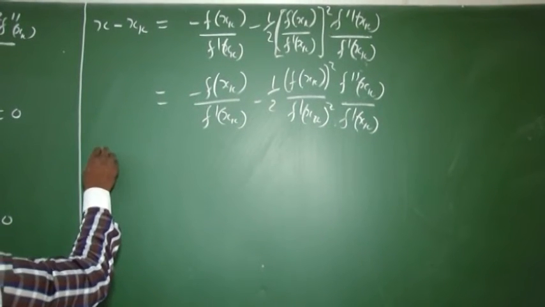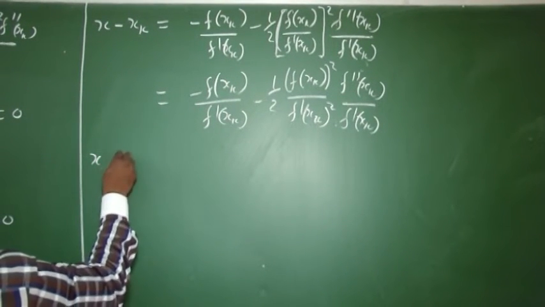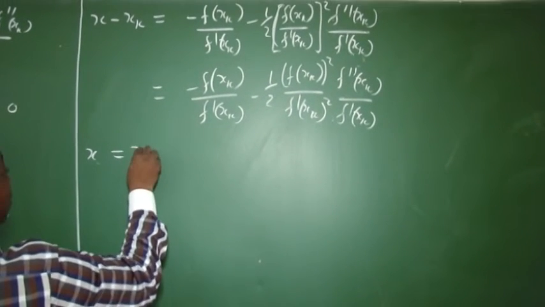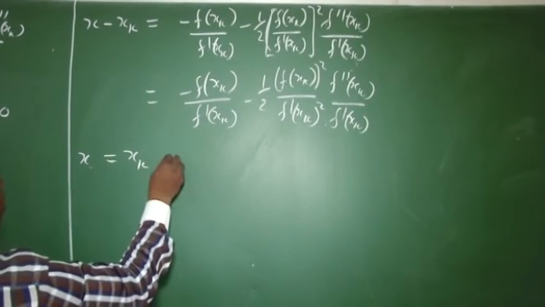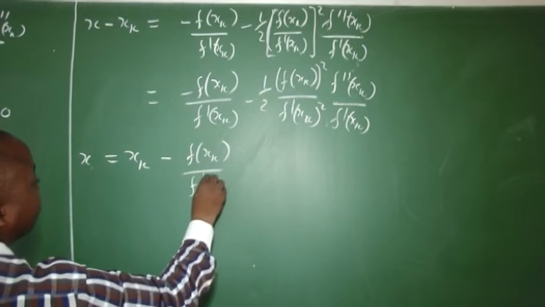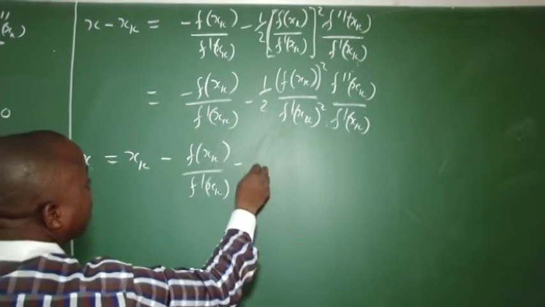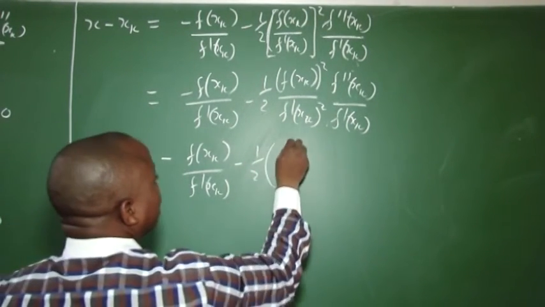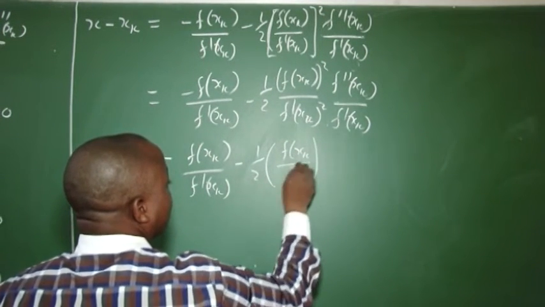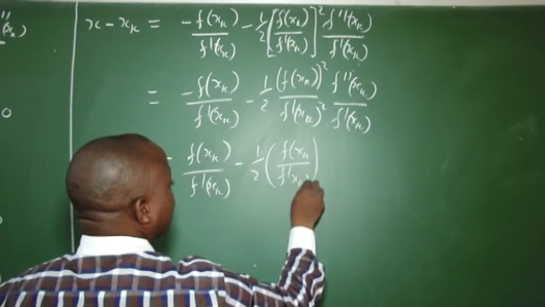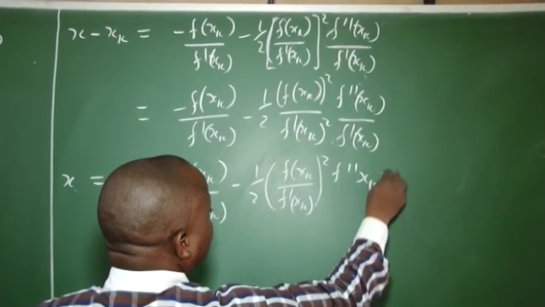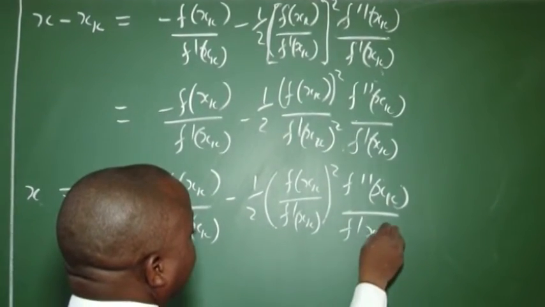Now, what it means there is that x equal sk, if I transfer this, minus f of sk over f prime of sk minus 1 over 2. Then I have f of sk over f prime of sk square f prime prime of sk over f prime of sk.